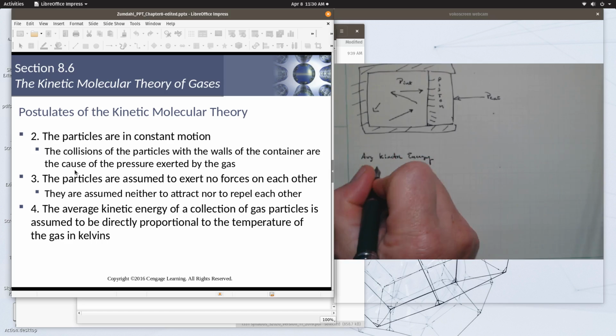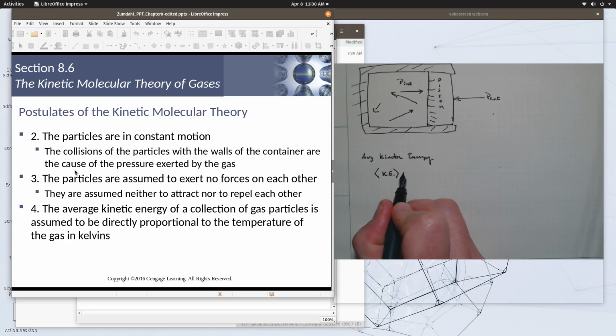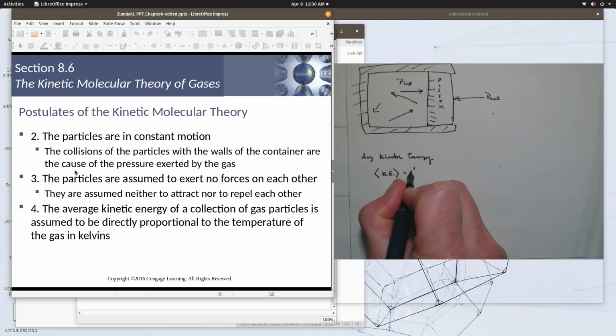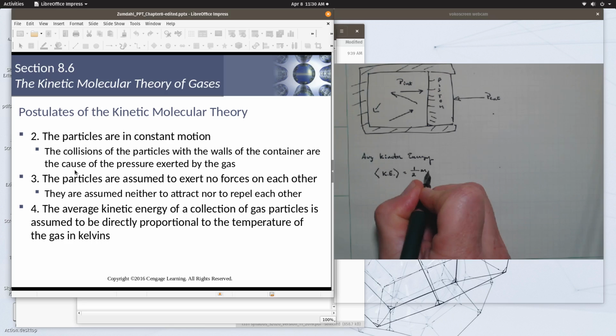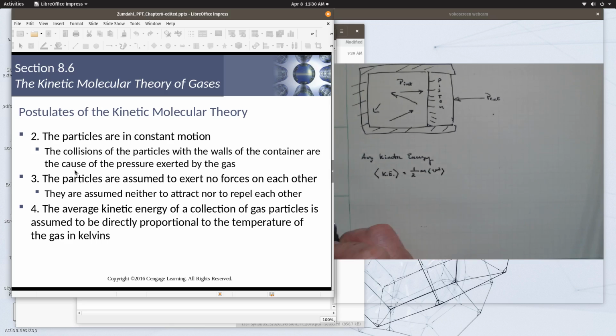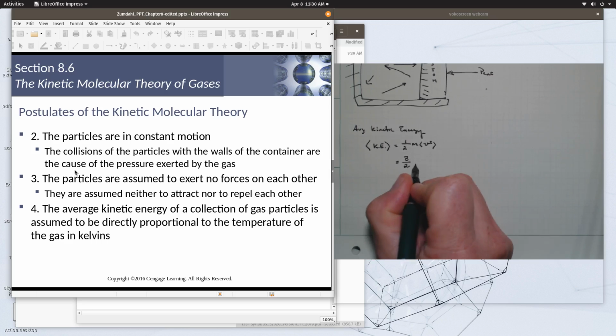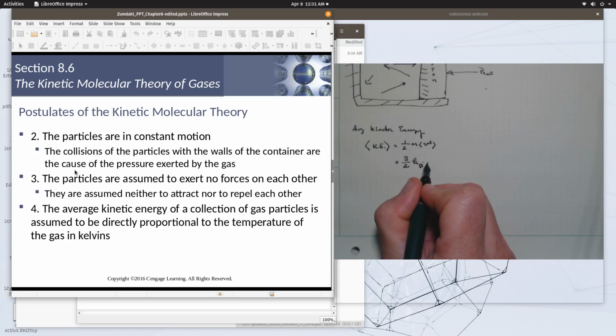The average kinetic energy, which I'll write as KE with little brackets around it so you know it's the average, is 1/2 times the mass times the average velocity squared. We're going to show that this is equal to 3/2 times a constant called the Boltzmann constant times the temperature.